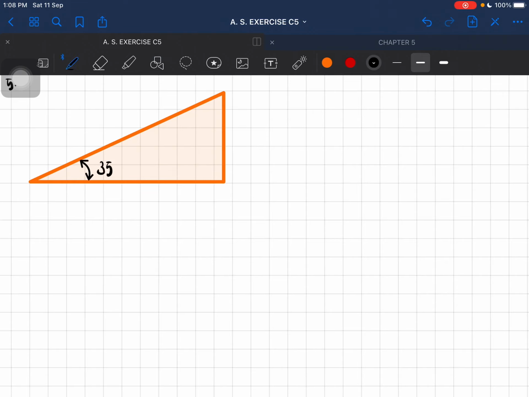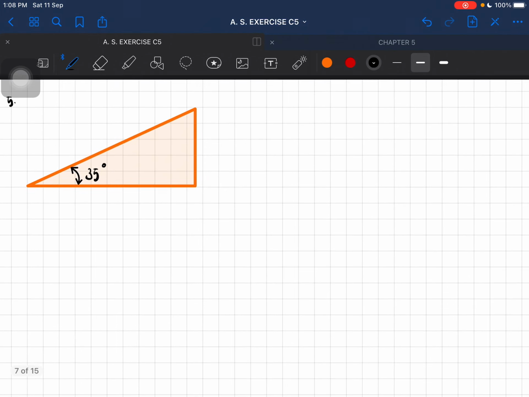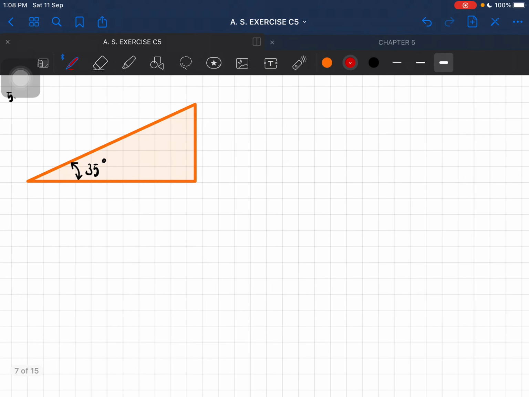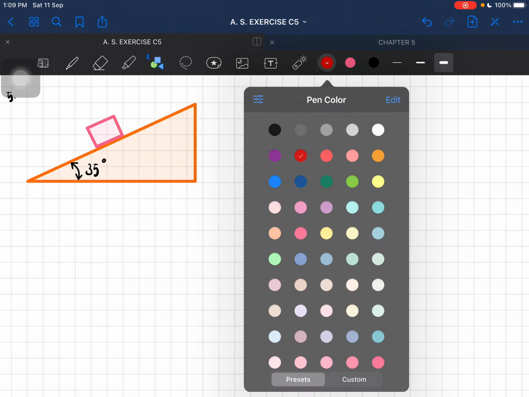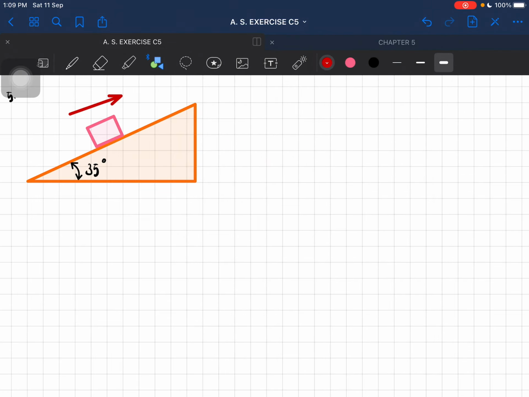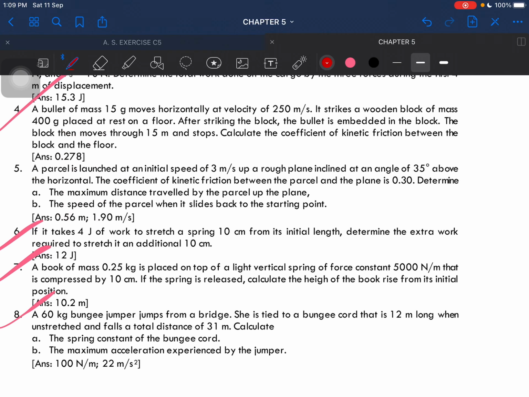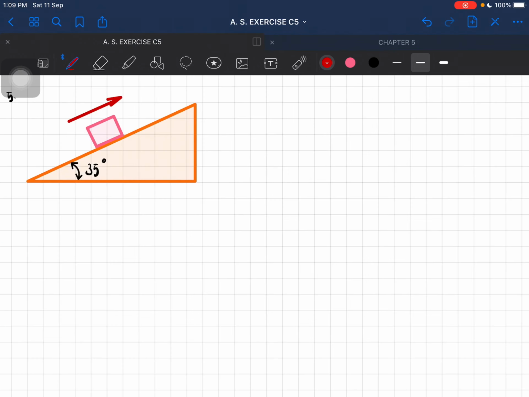Okay, so there's a block, somewhere around here is fine. Okay, so the block is moving up the inclined plane. It is written in the question that it moves up the rough plane.